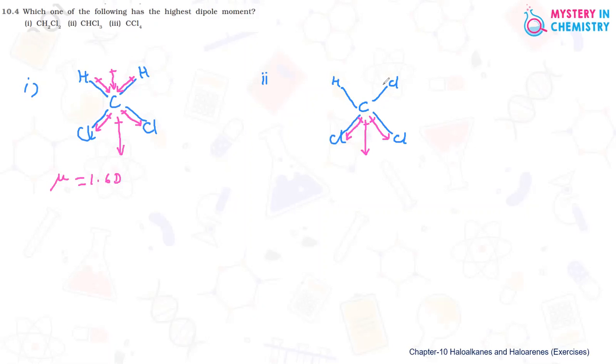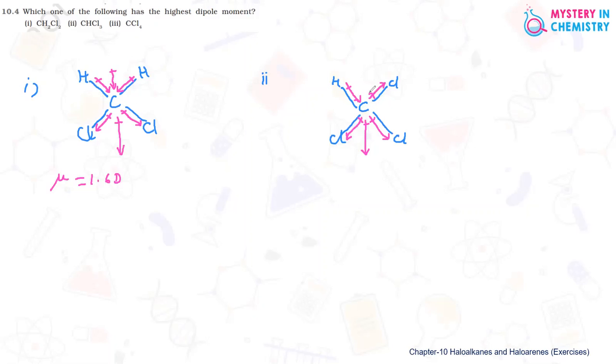And here, the carbon-chlorine bond is again polar. So we have to make the dipole moment like this. The arrow should be towards chlorine, and here again it is towards carbon, because it is a non-polar bond. So what happens?